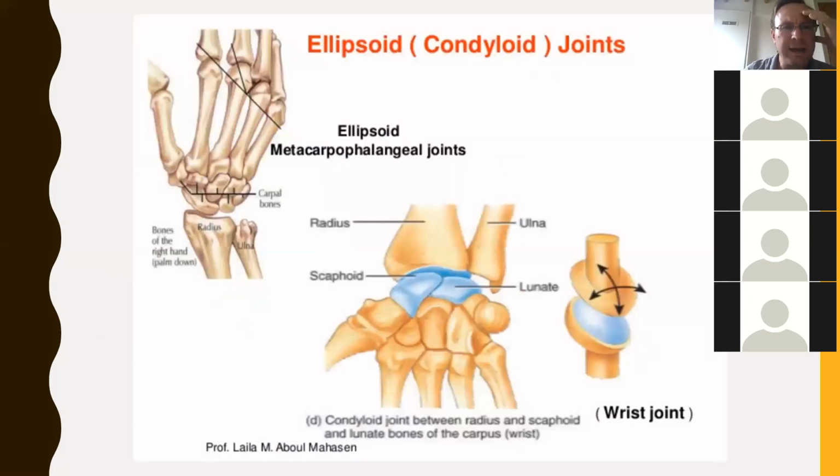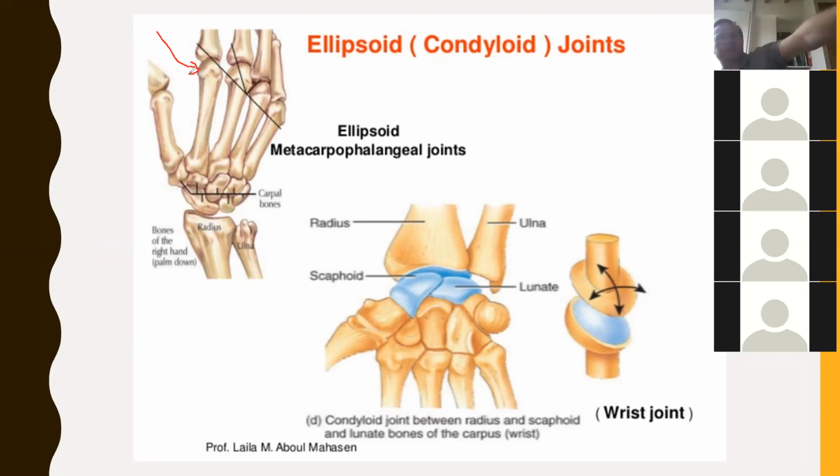So here's just that picture again. Remember, what I was trying to get across was the way that one bit is a ball. Can you see how it's a rounded shape at the end, and it's kind of fitting into not quite a socket on the other side? What's different about these and ball and socket joints is that ball and socket joints allow rotation.